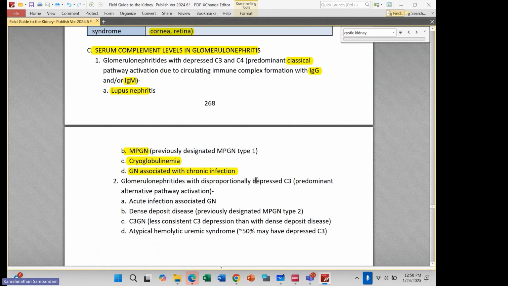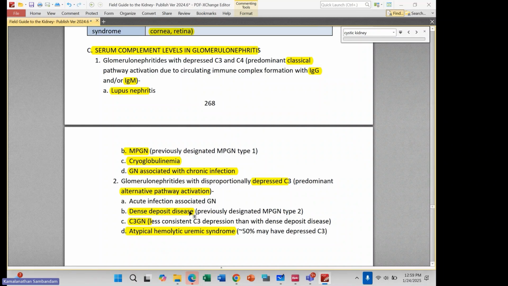Okay. When I see disproportionately depressed C3, again, I'm thinking about the alternative pathway. The classic ones are these C3 glomerulopathies. We'll talk about what that means, but C3 glomerulopathy basically captures these conditions.